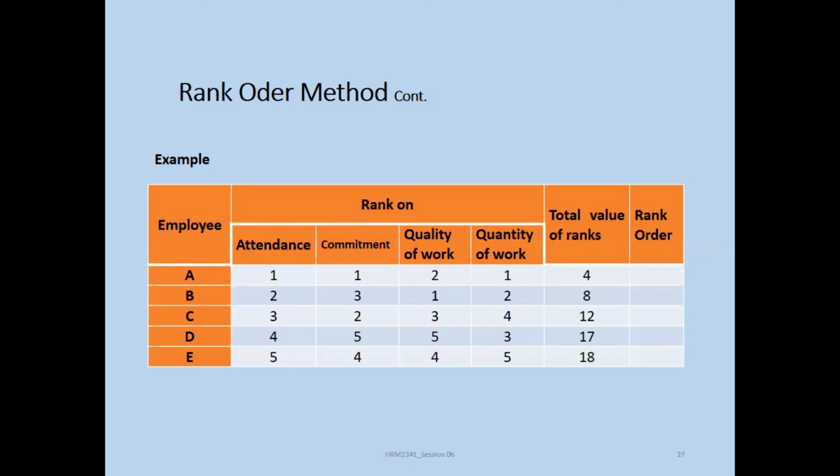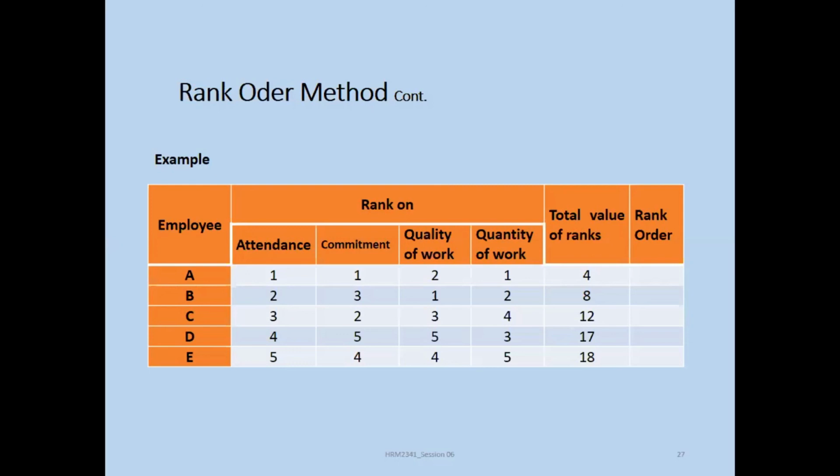For the first employee A, the cumulative value of the rank is 4. When we consider employee B, 2 plus 3 plus 1 plus 2 equals 8. C, 3 plus 2 plus 3 plus 4, the value is 12.